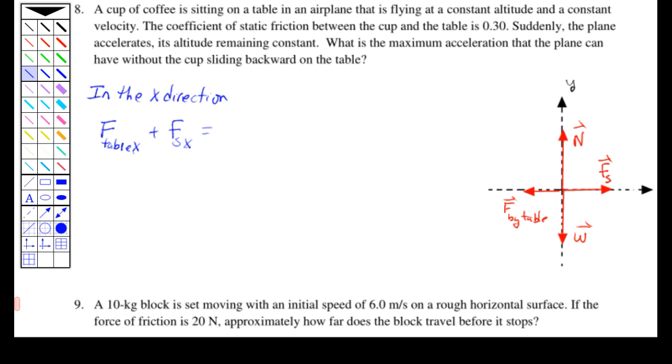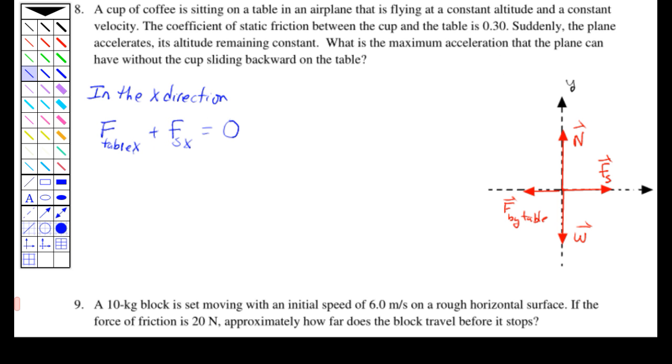Newton's second law says that this should equal mass times the acceleration in the x direction, but we don't want the cup to accelerate. We want it to be stationary on the table. So this would mean that the sum of the forces in the x direction should equal 0.